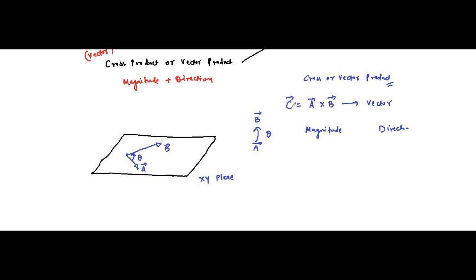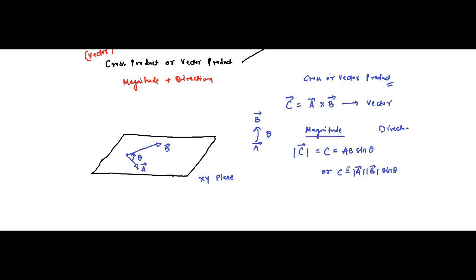So the magnitude of C vector is A B sine theta, or it is modulus of A vector, modulus of B vector, sine theta. That is the magnitude of the resultant vector.